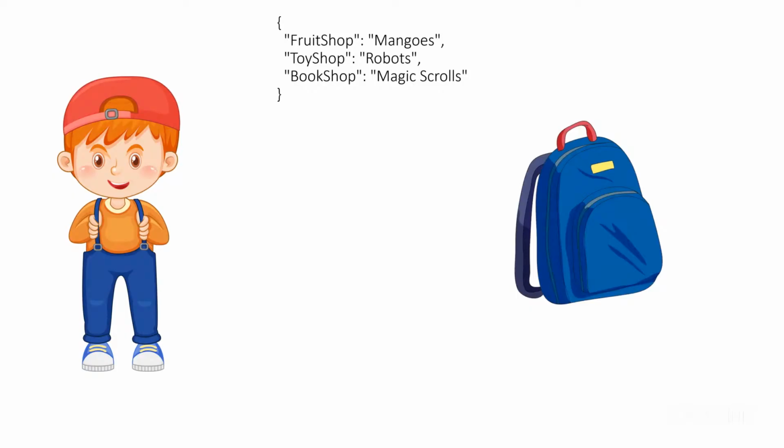And this blue bag has key value pairs, and when he's going through the market, he finds a fruit shop with mangoes, a toy shop with robots, and a bookshop with magic scrolls.